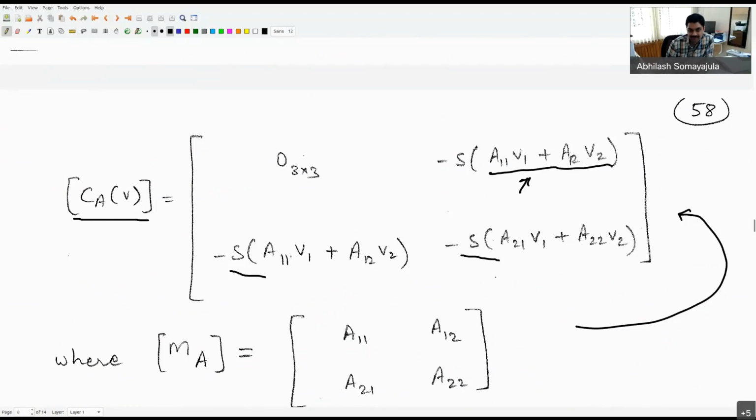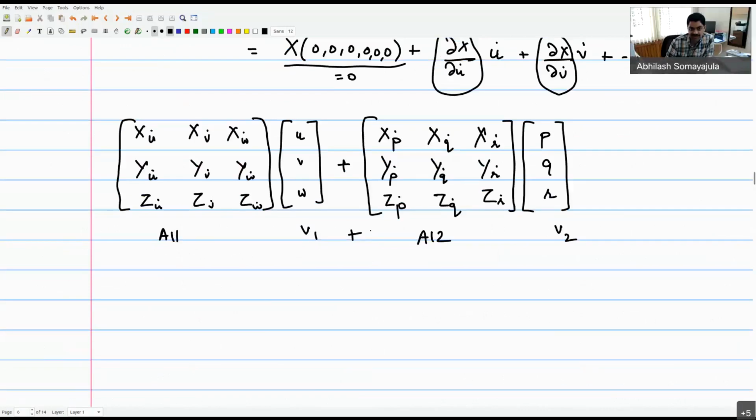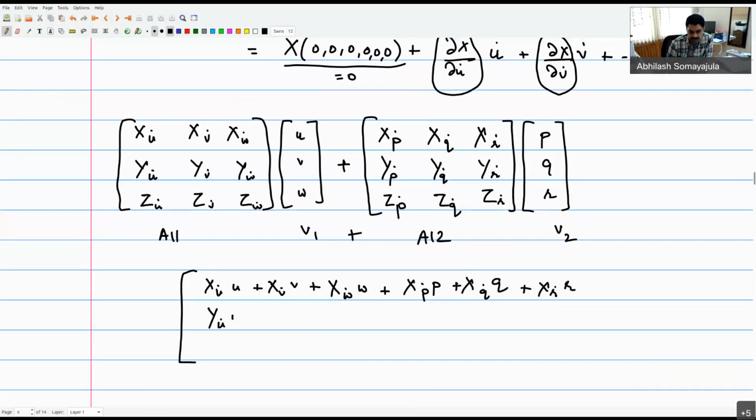Everybody with me so far? Yes. Right. So what do I get when I multiply this matrix out? I should get a vector out, right? What will be the first term of that vector? It will be a 3 cross 1 vector. It will be X_U dot times U plus X_V dot times V plus X_W dot times W, X_P dot times P, X_Q dot times Q, plus X_R dot times R. Similar expressions will follow for Y and Z, correct?